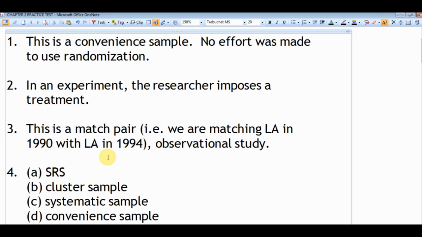What kind of design is this? So the first decision is, do we have an experiment or an observational study? Definitely an observational study. The next thing, since we know it's an observational study, was it a matched pair design? Did we match members in two groups together?